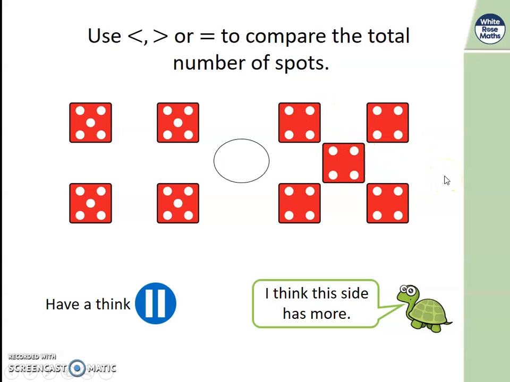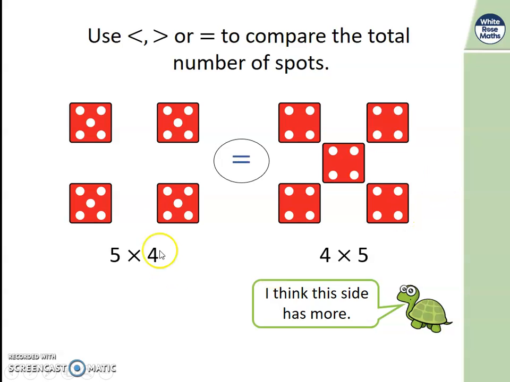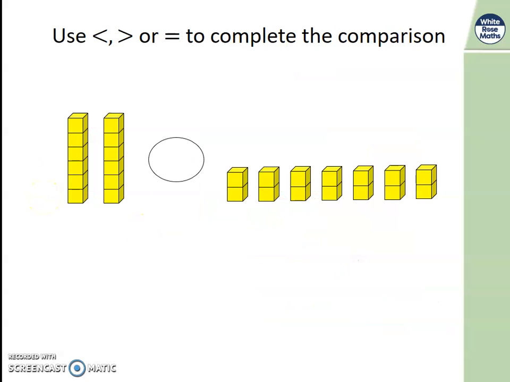But let's work it out. We know that that's 5 times 4, and here we've got 4 times 5. I know that that makes them equal, so they both equal the same amount, which is 20. You have a go at this one and fill in the correct symbol.